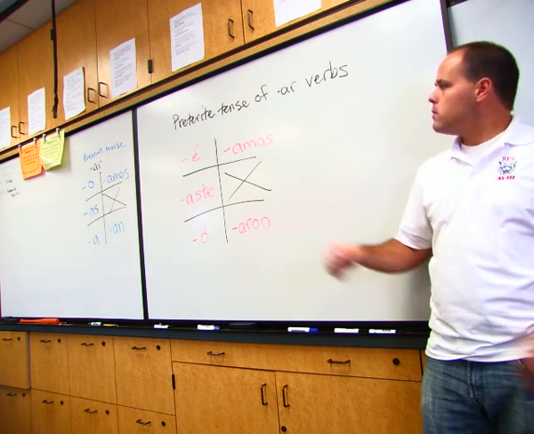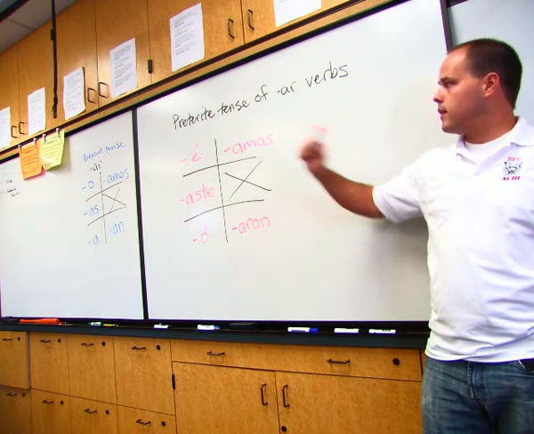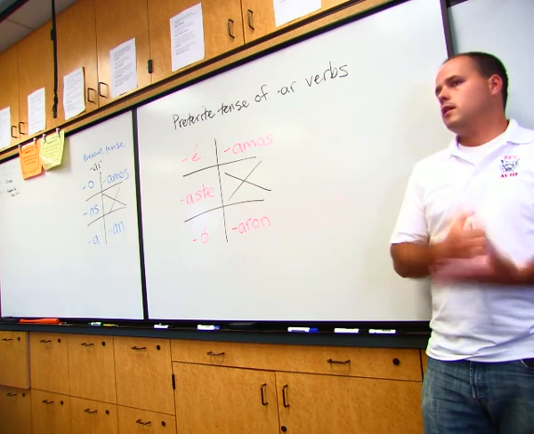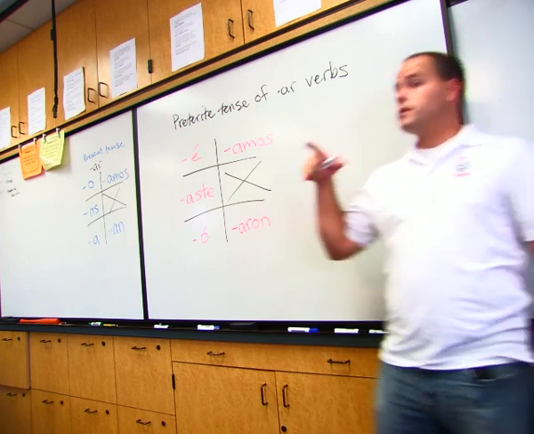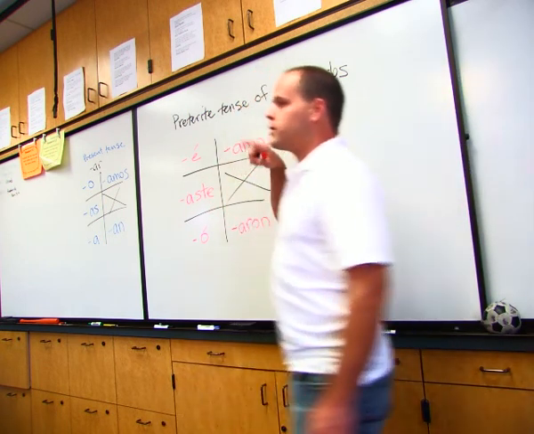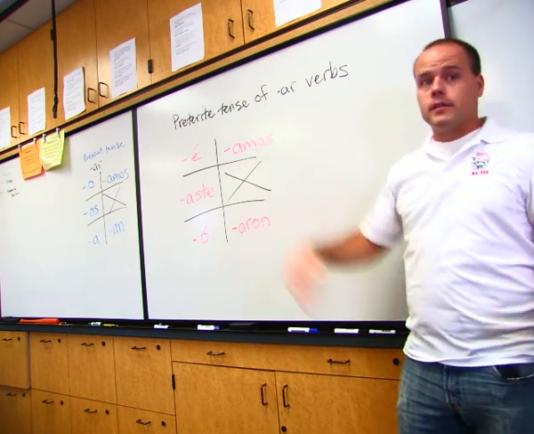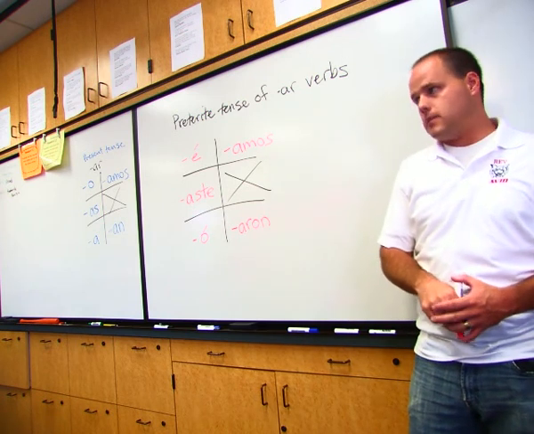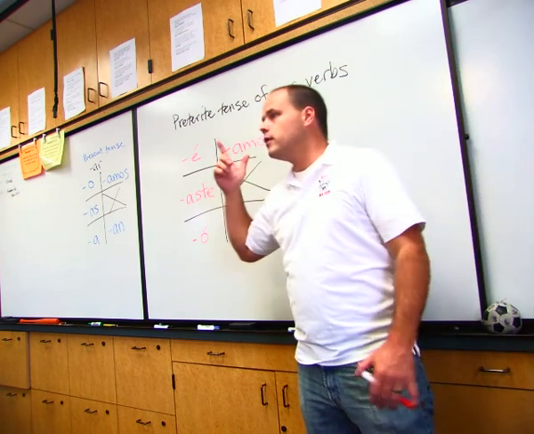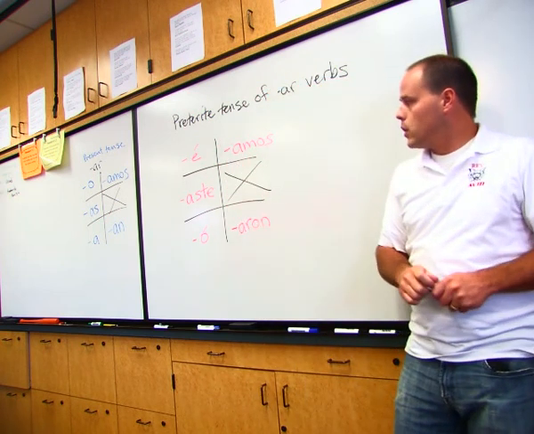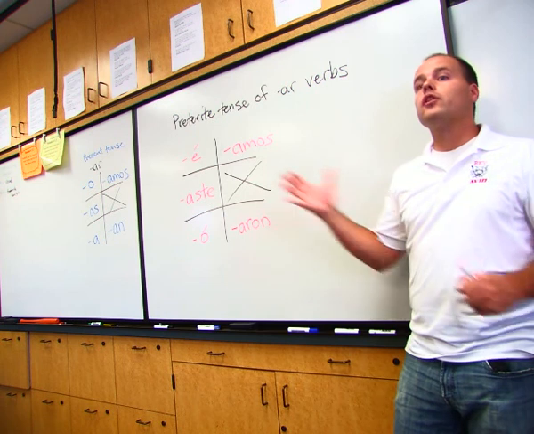Take a look. What do you notice between the preterite endings and the present endings? They're different, but there are similarities too. What's the first thing you see? Nosotros, AMOS, is exactly the same in the present tense as it is in the preterite tense. What else do you see? If I were to say, try to learn this, what would you look at?